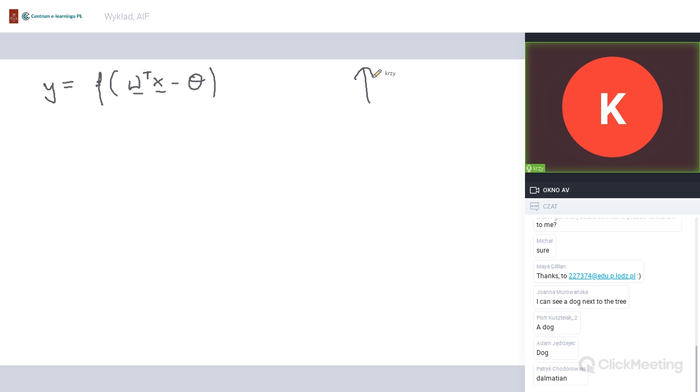So that's this function. This is S, this is Y, and if this is a Heaviside function, it has this particular shape.